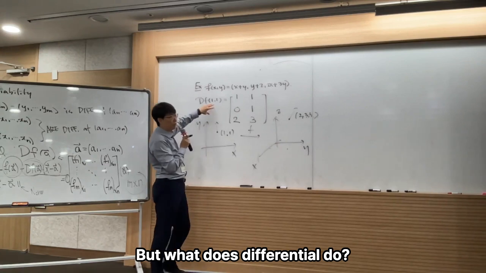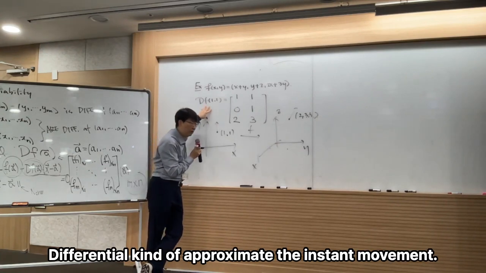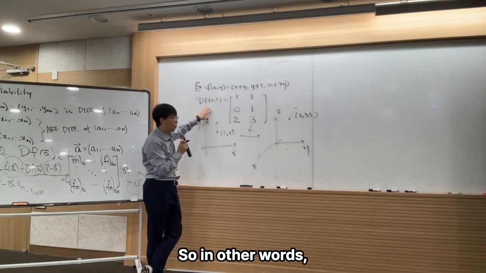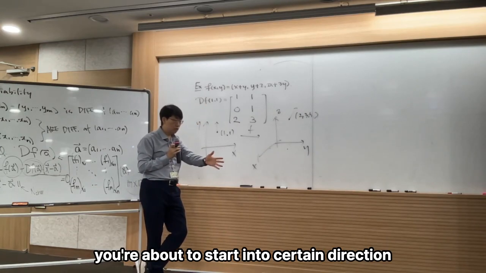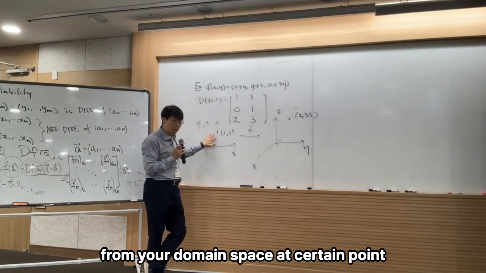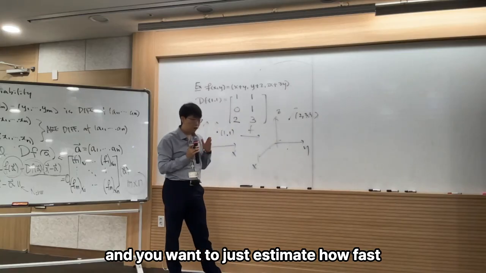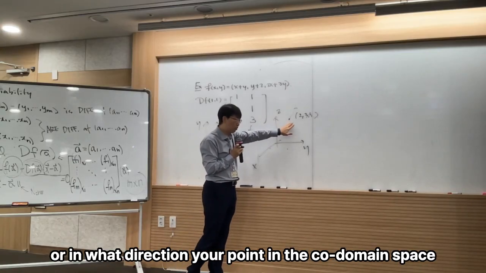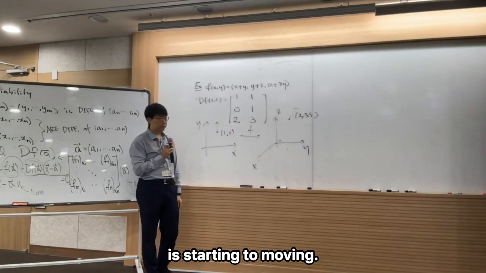But what does the differential do? The differential approximates the instant movement. In other words, you're about to start in a certain direction from your domain space at a certain point, and you want to estimate how fast or in what direction your point in the codomain space is starting to move.